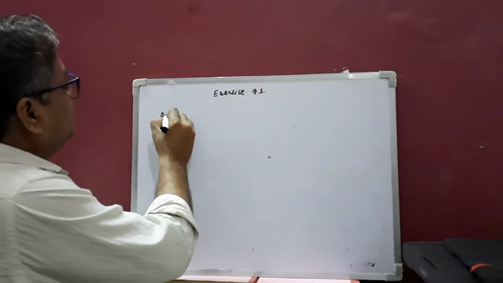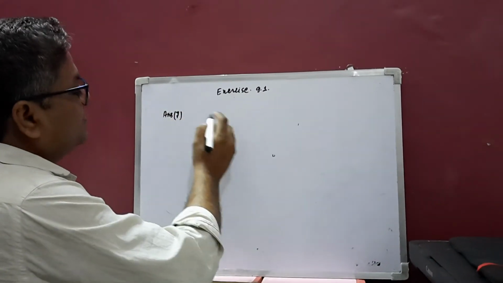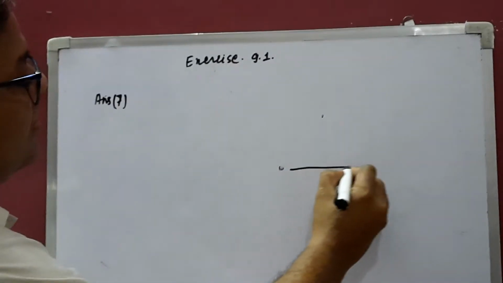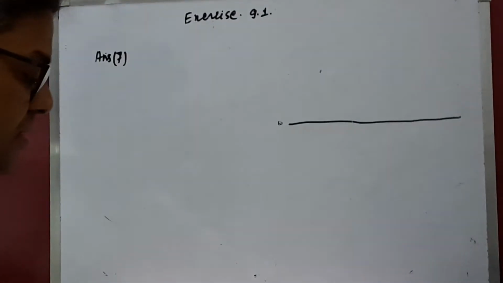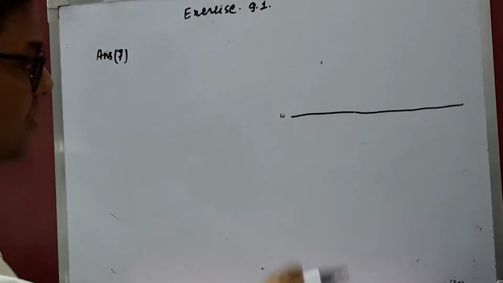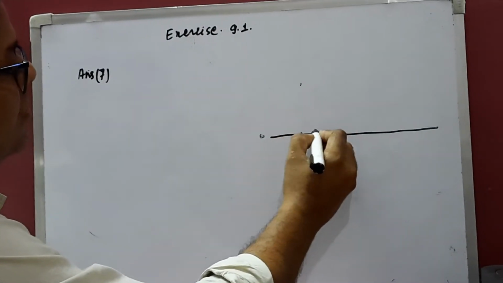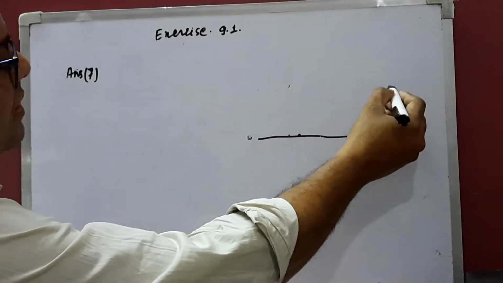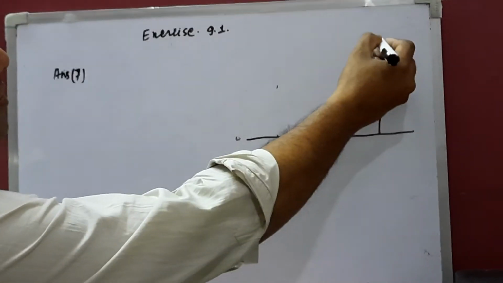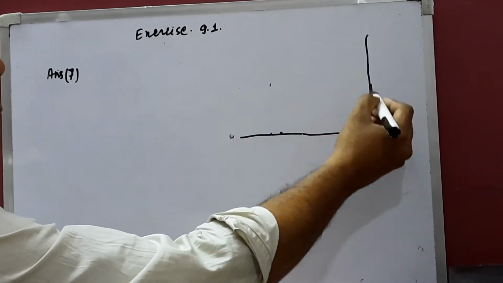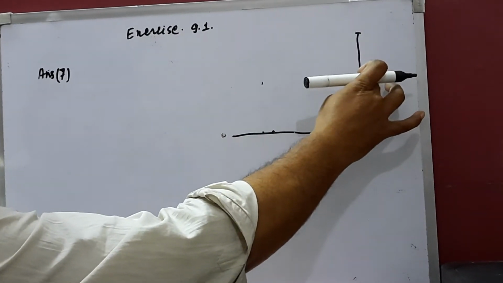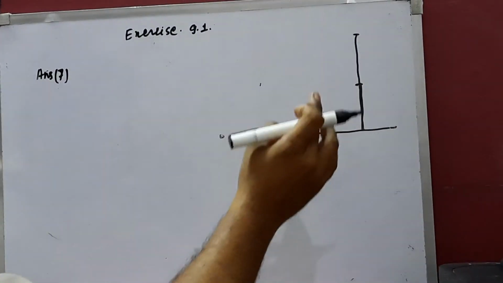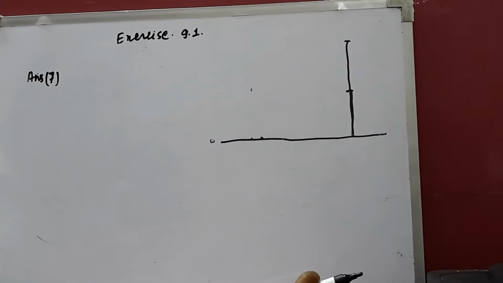Now this is question 7. This is the ground level, and here from a point on the ground, this is a point on the ground, and this is the building, and a transmission tower is installed on the building.